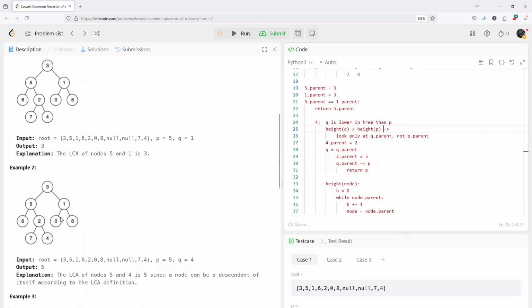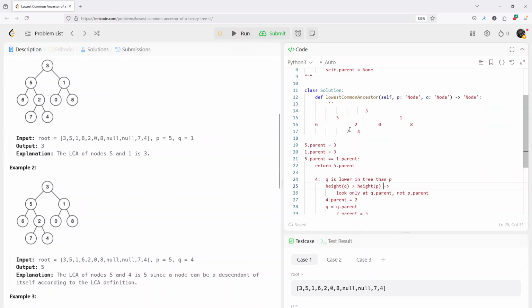But what if they're in separate trees? Let's say we got the same tree, but we're looking at the 5 here and the 8 here. So let's say p equals 5, q equals 8. Height of p would be 1, because you go up once and hit the root.